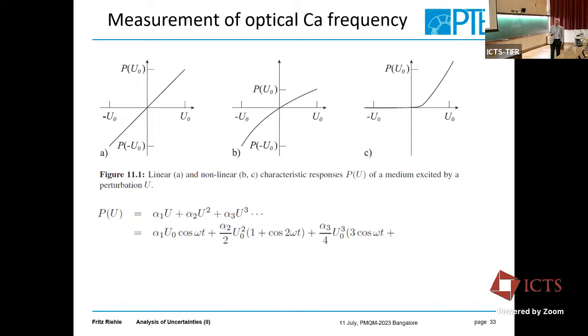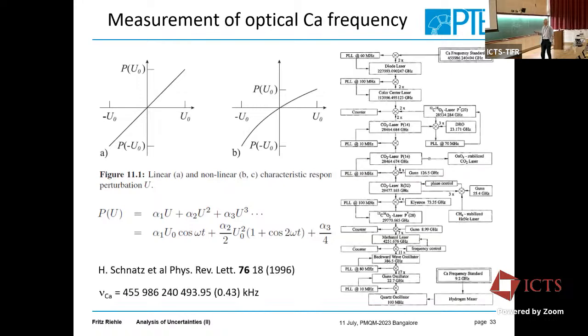And if you would use a diode, it's really nonlinear here. So the power you measure depends on different powers of the voltage, U squared, U cubed, and so on. So you have different frequencies. This is a simple model for frequency doubling or tripling or quadrupling and so on.